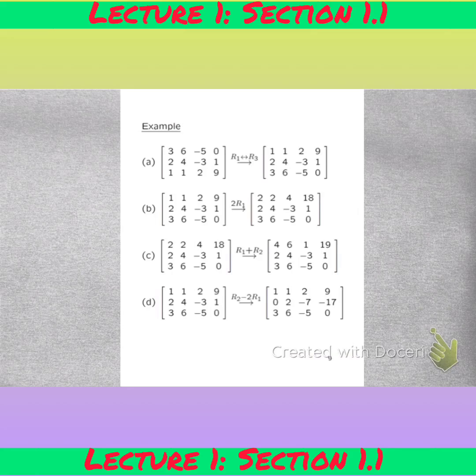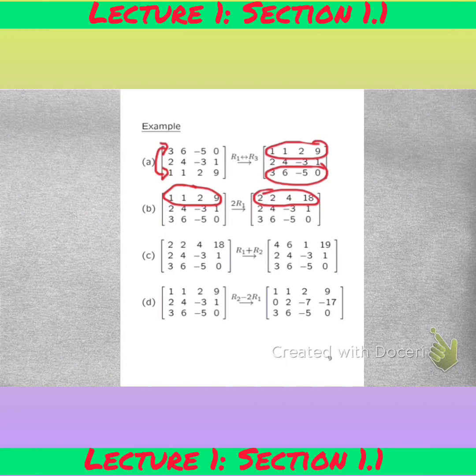Here's just an example. In the first case, we take the first matrix and we interchange the first and the second row, and so we get this part here. The second case, we change the first row by multiplying the first row by 2. So we take this row here and multiply it by 2. The third case is we add a multiple of one row to another.